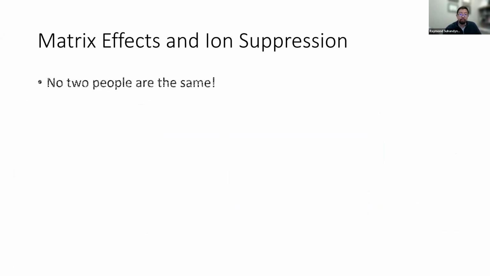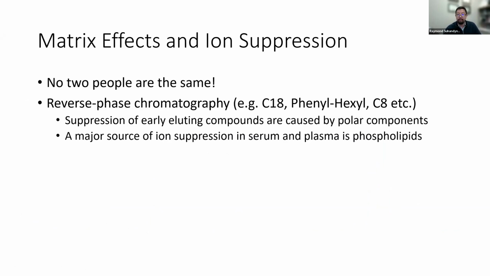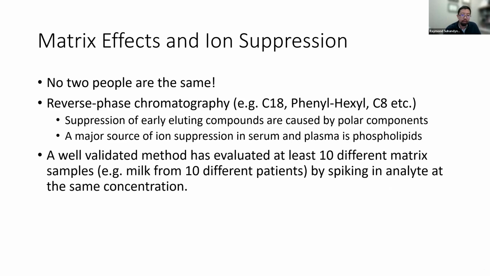So, matrix effects and ion suppression: no two people are the same. Just remember, it's all based off of chemistry. We're using reverse phase chromatography, and ion suppression in serum, for instance, is very susceptible to phospholipids, because they are relatively nonpolar and they tend to elute all throughout the chromatogram.